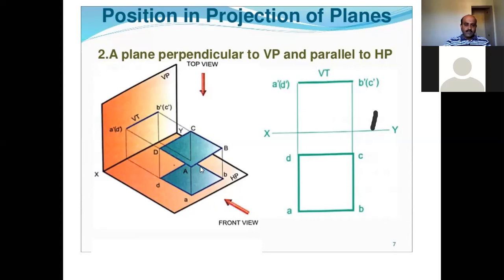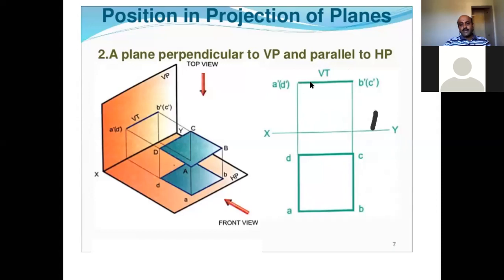So when you see here, look at the front view, you are getting a straight line, and in the top view we are getting the plane, that is the true shape and true size of a lamina. The same thing has been shown in the orthographic view here.